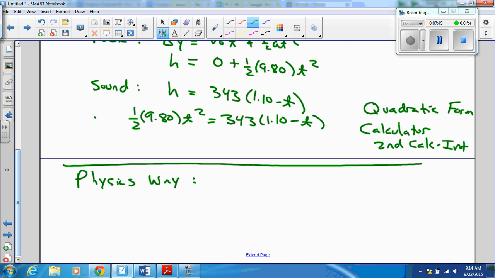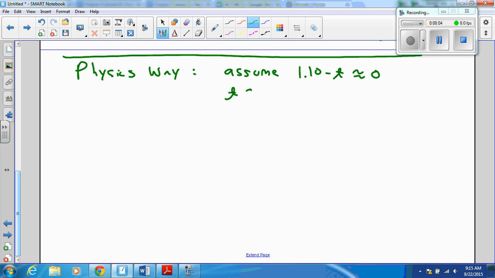So here's how this goes. The physics way. Assume that 1.10 minus t is basically 0. In other words, we're assuming that the time is basically 1.10 seconds.